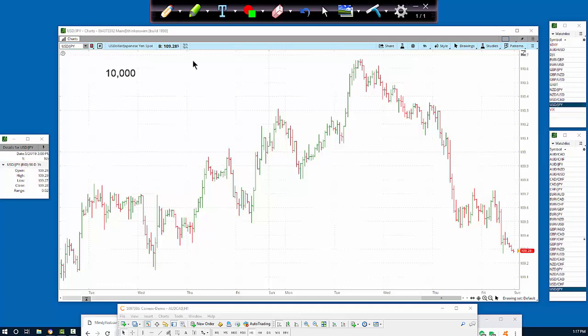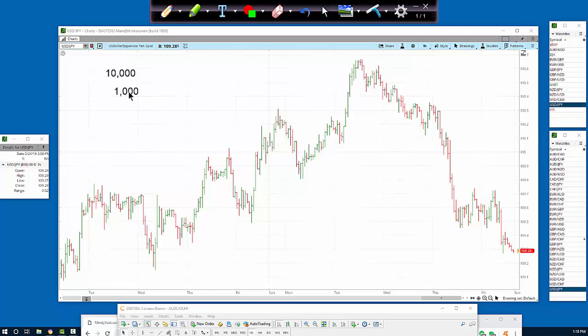So I'm going to take my account and divide it into tenths. I don't want any one trade taking up more than $1,000 of the funds that I have to work with.